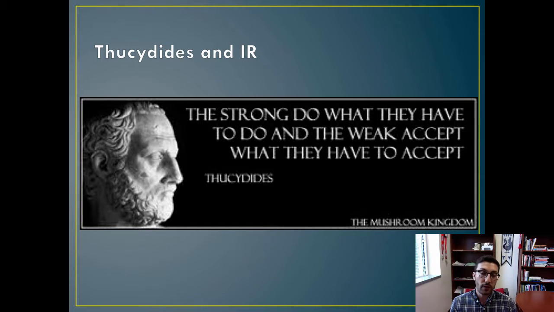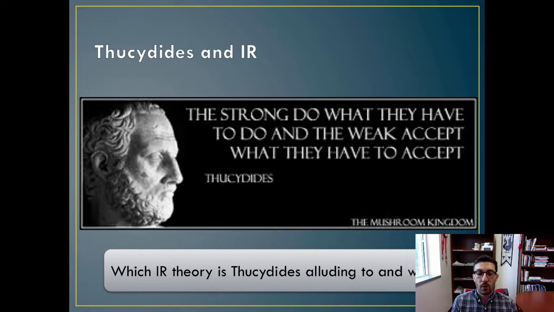Well, you want to be a state that is more powerful because that means you get to dictate the terms of international relations. So this is the question I just asked about realism, or rather that Thucydides was talking about realism, and you can see how that works here with respect to this one brief quote. Again, you've got a hierarchy, and the way that you can survive in the international system is by exerting your military power.